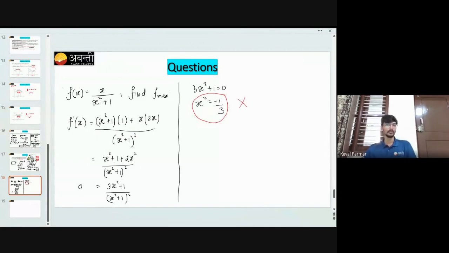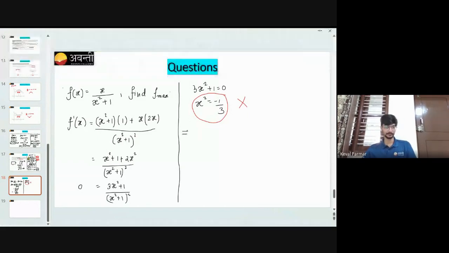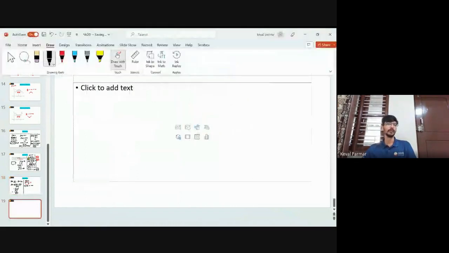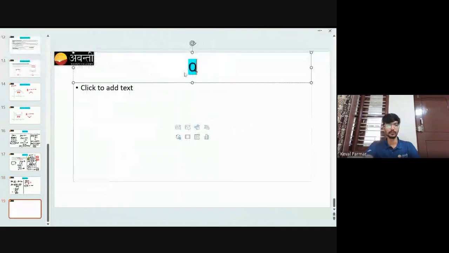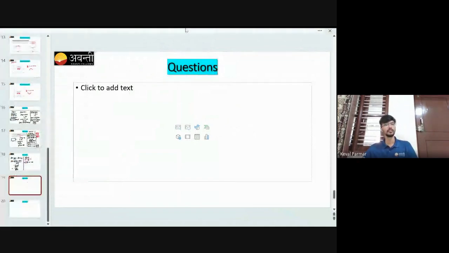That means this is not possible, and that clearly means the function has no maxima. The function has no maximum value. Got it? Simple.